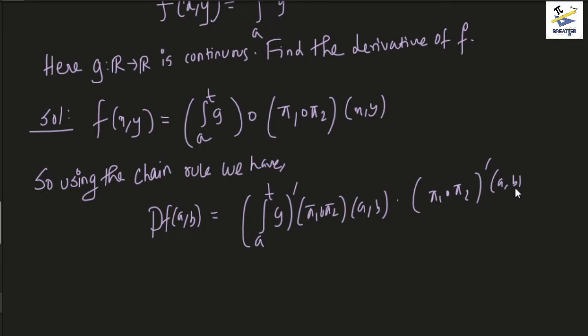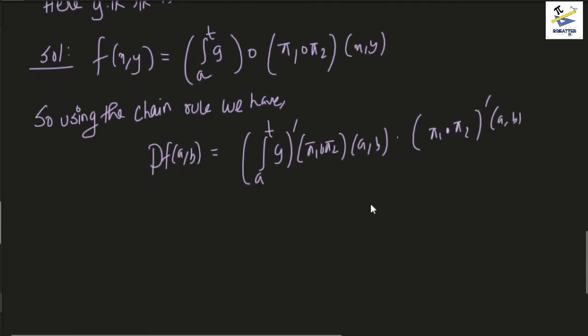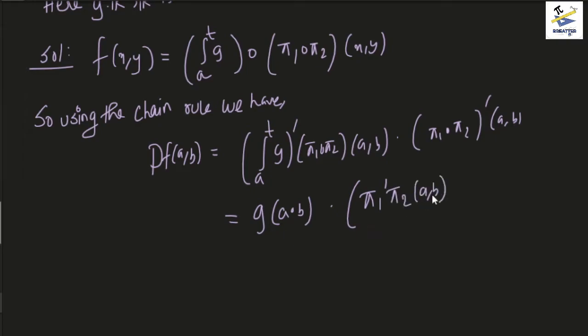Since g is continuous on all of R, it is defined at all endpoints. So this would just be g of a·b, the dot product, multiplied by the differentiation of the product, which is pi 1 prime pi 2 at the point (a, b) plus pi 1 pi 2 prime at the point (a, b).